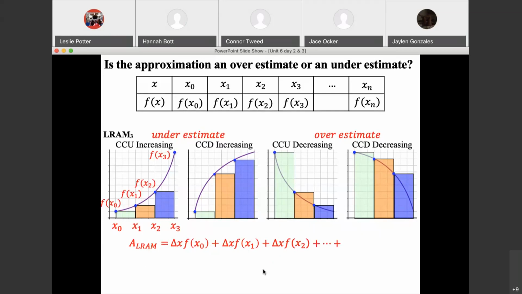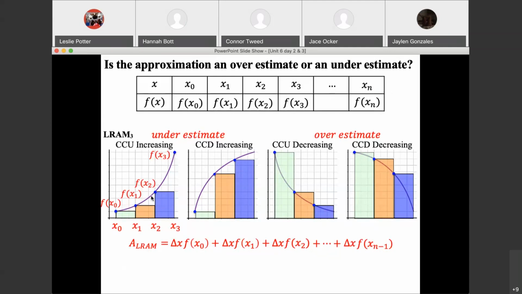If we wanted to keep drawing rectangles, the last rectangle would have the same width, and we would be using the point next to the last point. Remember how I said we don't use the last point? The one right next to it is n minus 1, or 1 before it.